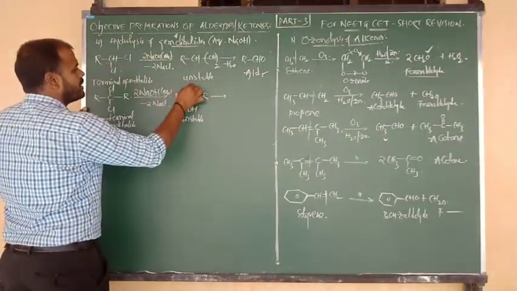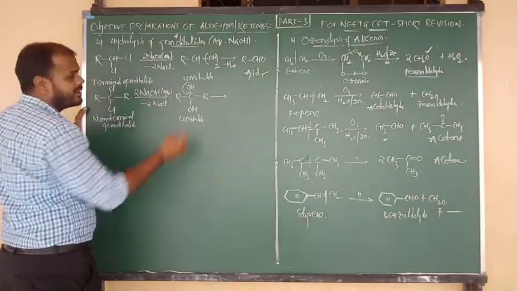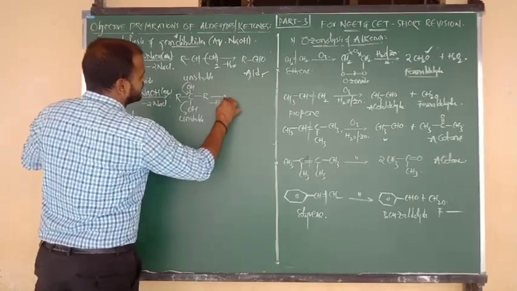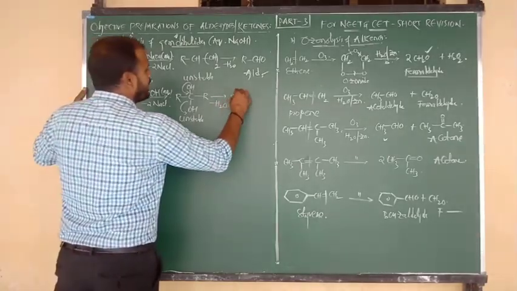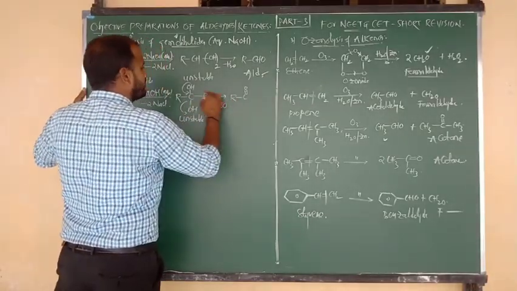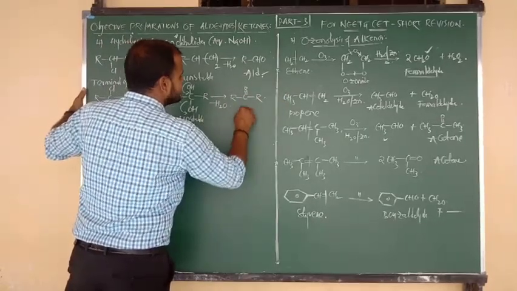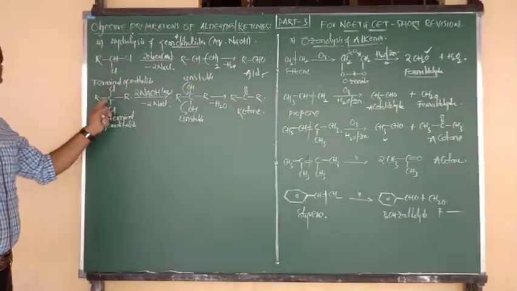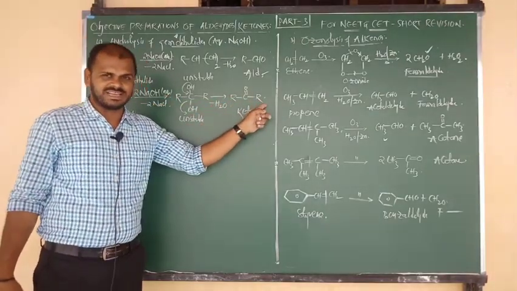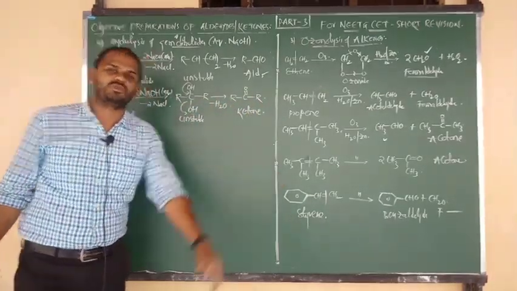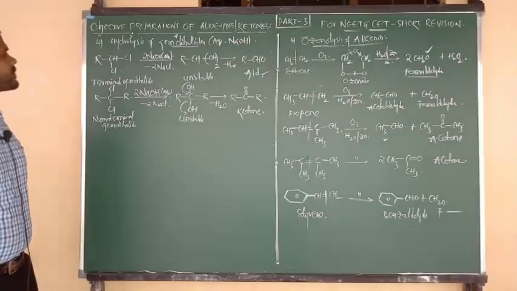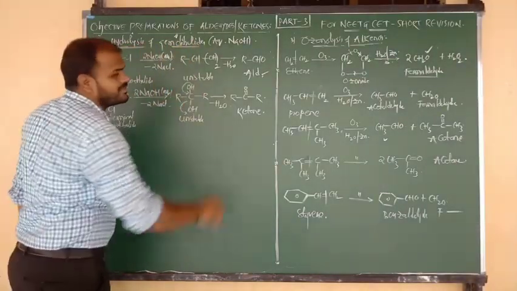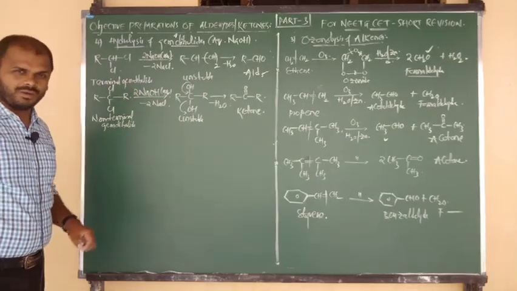The O to H bond is broken, the free H plus combines with OH minus and is eliminated as a water molecule, and the remaining product is R bonded to C double bond O bonded to R. This is your final product, a ketone. In place of 2 R, consider CH3, then the product is acetone.